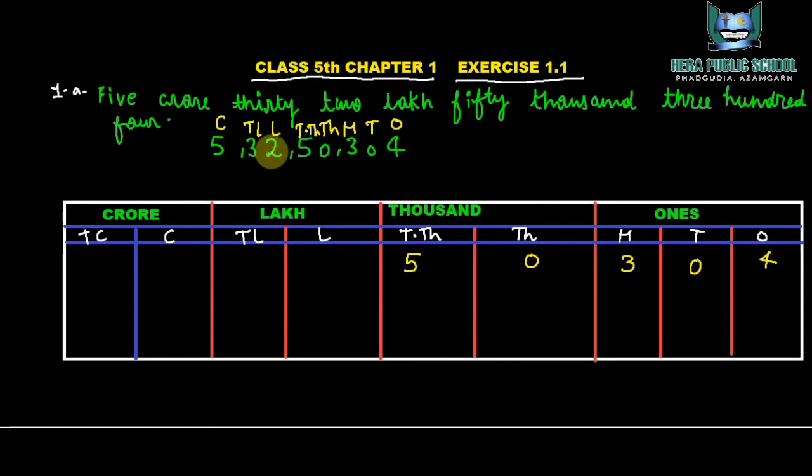So in lakh we write 2. And 3 is in the 10 lakh place. So 3 in 10 lakh. 5 is in the crore place. So in crore we write 5. So in this way we represent the digits in place value chart of any given number.